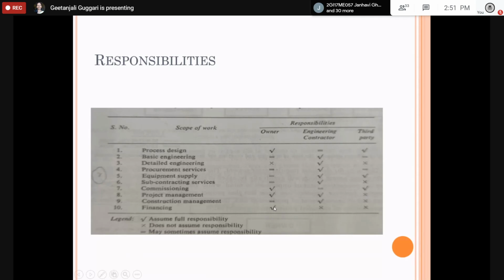Financing: it is totally the owner of the project who is responsible, and the engineering contractor and third parties don't have much work to get involved in the financing of that project. So like this, you need to give clear responsibility. Giving responsibility to all the parties involved in the project is very, very important.